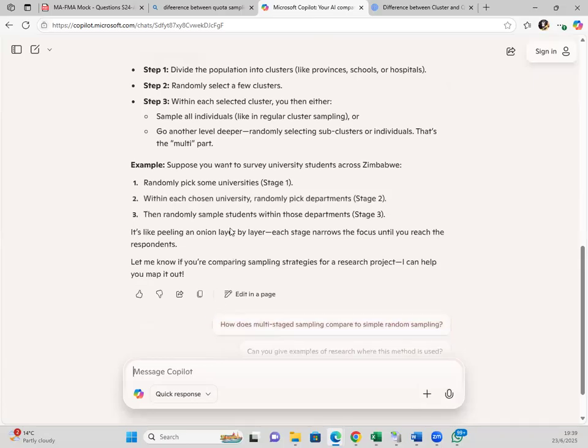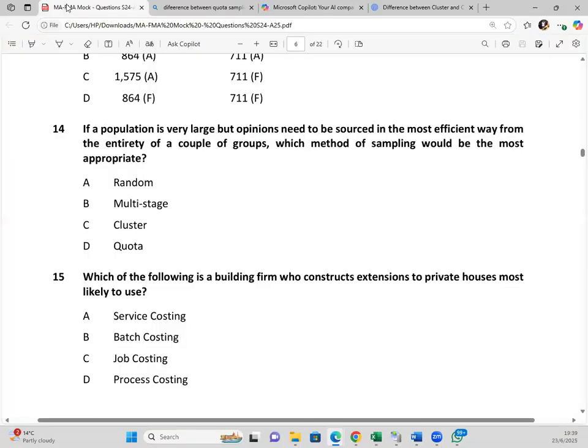Okay, let's move on. For the sake of time, I'll just check this one because for me, there are two, B and C, that have similar characteristics. So I'm failing to pick which one is the most appropriate there. For cluster sampling, we do the same thing that we do in quota sampling.